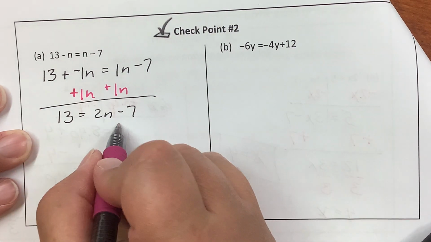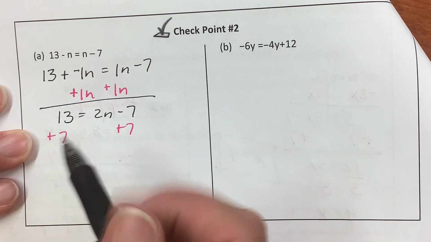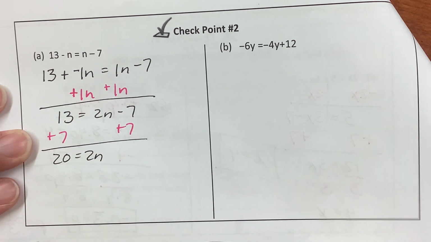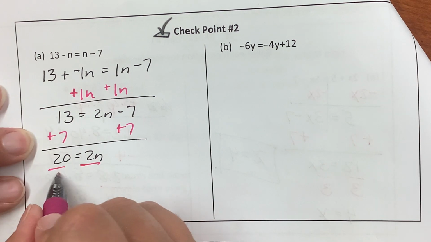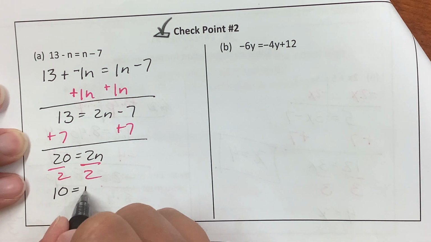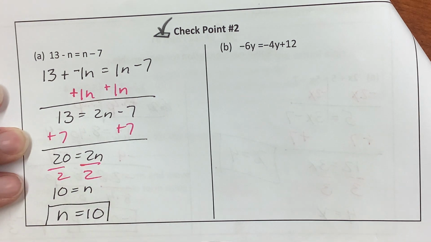Add 7 to both sides. 20 equals 2n. Divide both sides by 2, and n equals 10, or 10 equals n. But I like n equals 10 better, so there we have it.